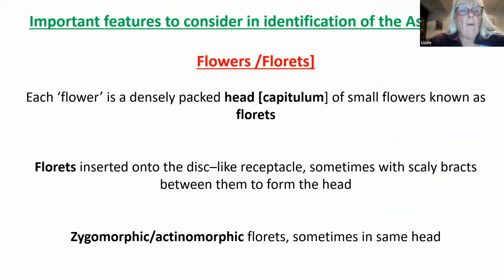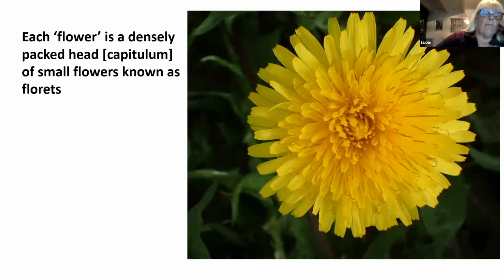So let's have a look at the flower heads. Now, I've picked this group this week because they're so different to the flowers we've looked at so far. Basically, what looks like a flower, like a dandelion flower, is actually a packed head of tiny flowers called florets. And the head or capitulum, they're all inserted onto this head, this disc-like receptacle, and here it is.